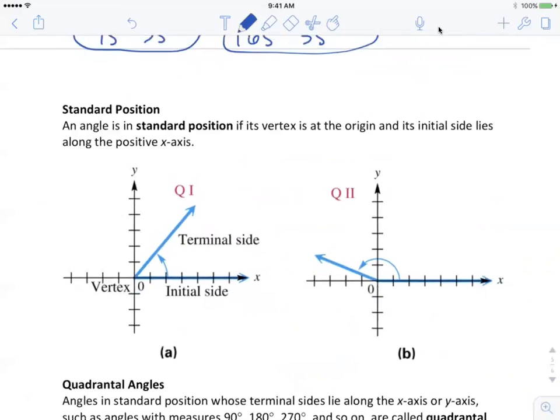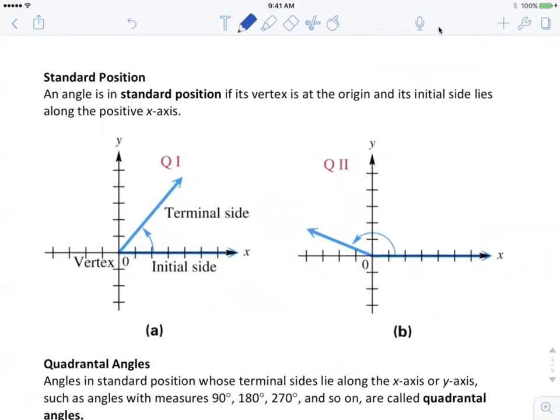We're going to start now talking about what's called standard position. Now we're putting angles on the X and Y axis. Okay, so our initial side is always going to be on that positive X axis right here. Right, maybe I'll highlight it. Initial side's always there. Okay, and then terminal side might end up in any quadrant. Okay, so there's 4 quadrants, and it goes in the order of counterclockwise.